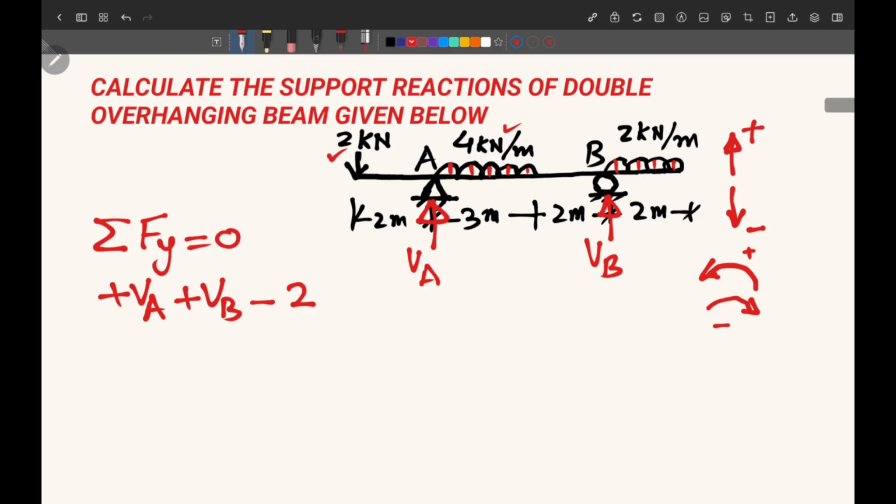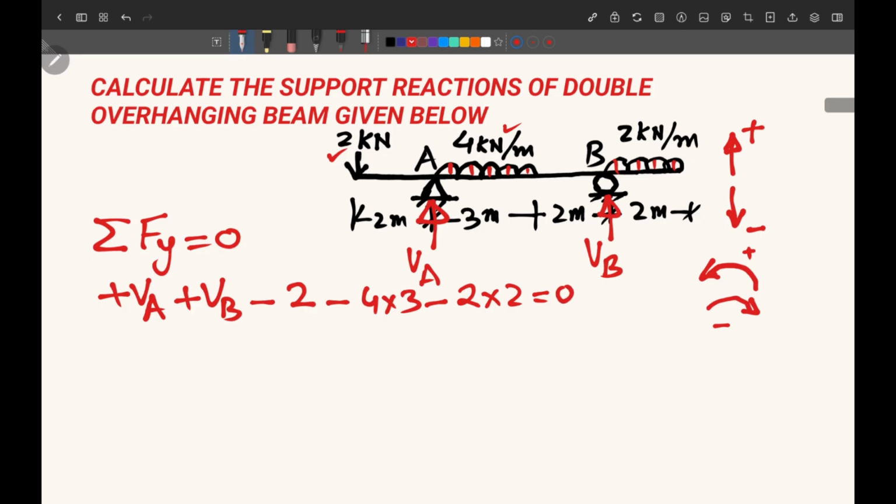Now we say here minus 2 because downward load to this load. Then 4 kilonewton per meter over a length of 3, so minus 4 into 3. Then this uniform load on the right hand side of B, so it is 2 kilonewton per meter, so again minus 2 into 2 because 2 meter length. So this whole thing should be equal to 0 for equilibrium.